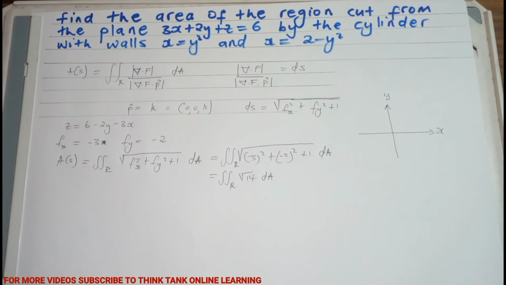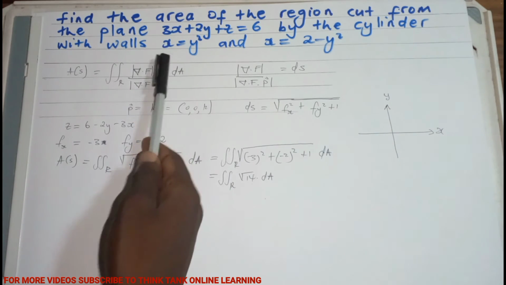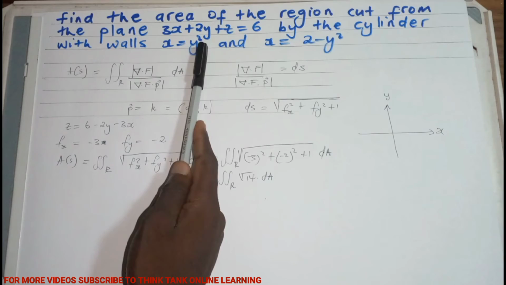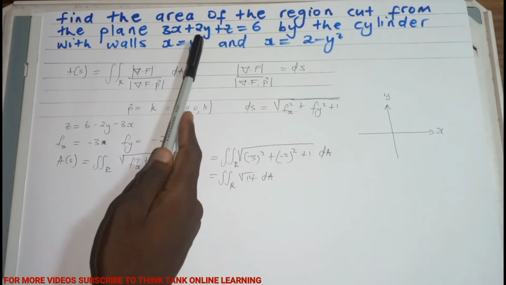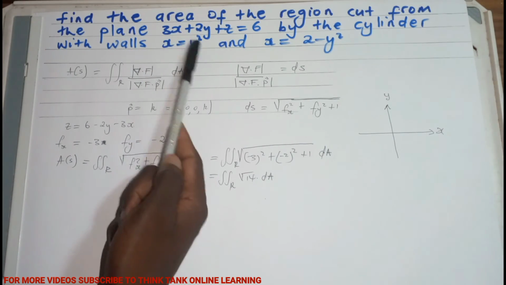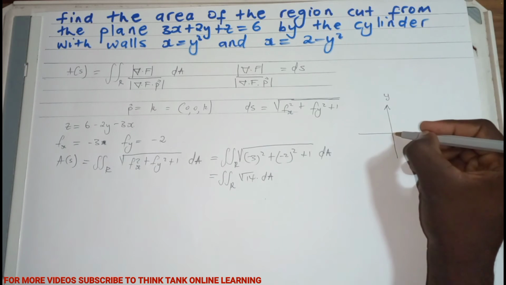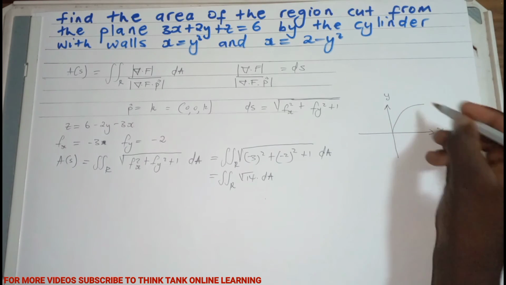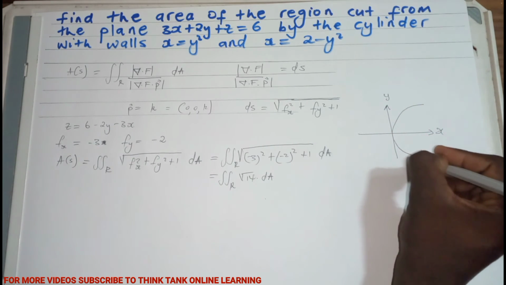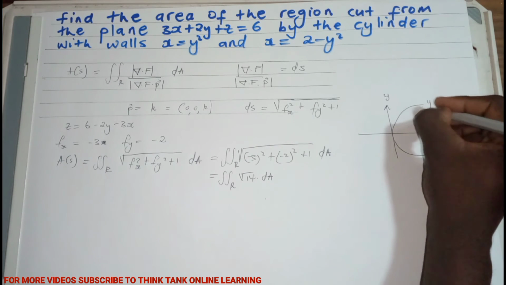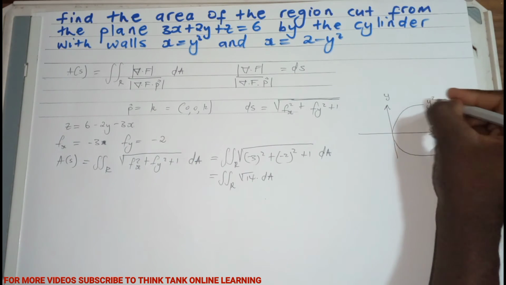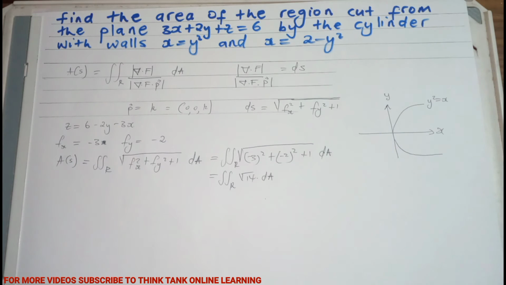Now we have the equation x = y². If we make y the subject of the formula, we're going to say y = root x, and the graph of y = root x looks like this. This is y² equals x, which is the same as y = root x.